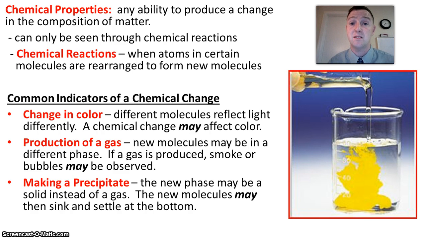And the atoms of those two different molecules are going to get rearranged to form new molecules. Maybe it's one, maybe it's two, maybe it's three, maybe it's 10. But what we're doing is we're taking the atoms in different molecules and rearranging them to form new types of molecules.